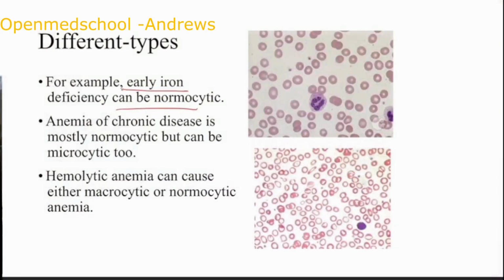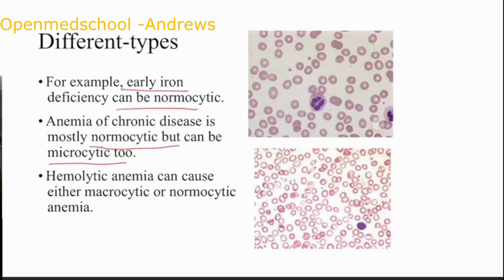And anemia of chronic disease can also be normocytic, but sometimes you get microcytic too. A patient with chronic disease can have a normocytic anemia, or it can be a microcytic anemia also. It is because the iron utilization is defective. The availability of iron, we'll explain this later.